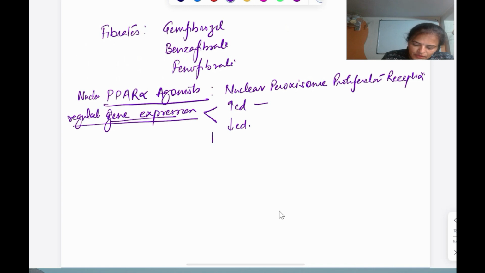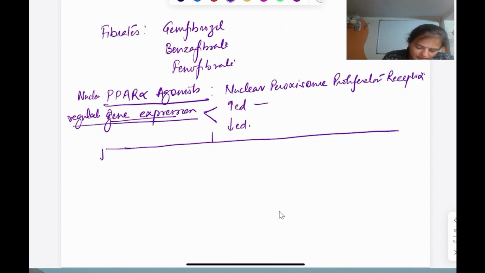Now I will say which genes it is going to increase. It causes increased expression of the gene which regulates lipoprotein lipase. It is going to cause increased expression of the LPL gene.